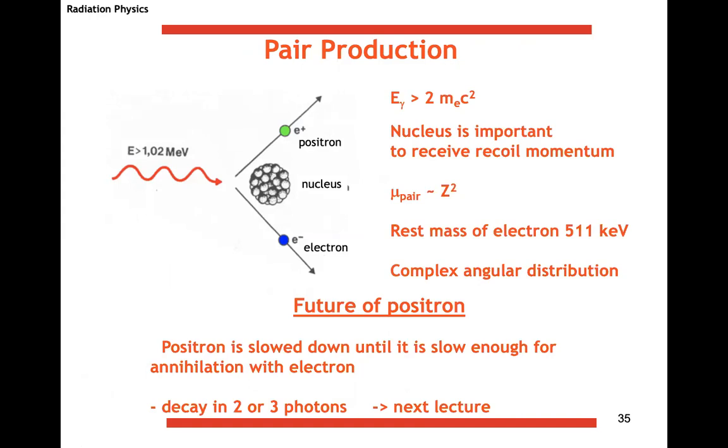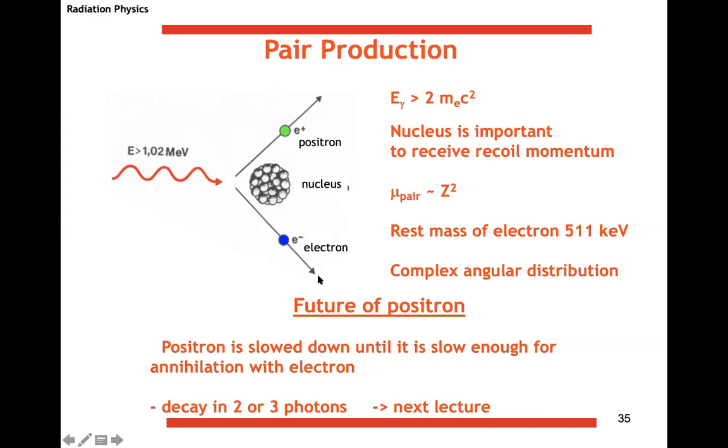The photon disappears and produces an electron and a positron. For those that are familiar with the Feynman diagram, this is the opposite of the annihilation of positron and electron, where they annihilate and generate two photons. Here one photon disappears and generates a positron and an electron.